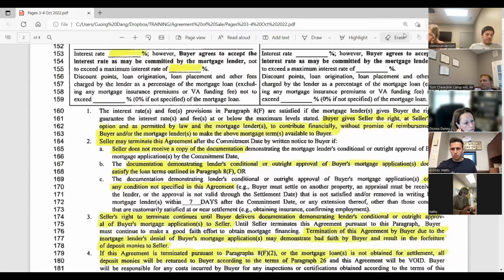So if the mortgage commitment date is October 25th and it's October 26th and you don't have this letter, you can back out of the deal. Some savvy sellers and savvy list agents will use that and wait it out if their seller has cold feet, or they might have a backup offer.